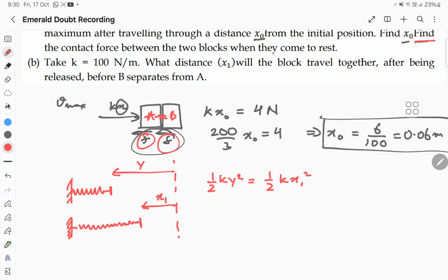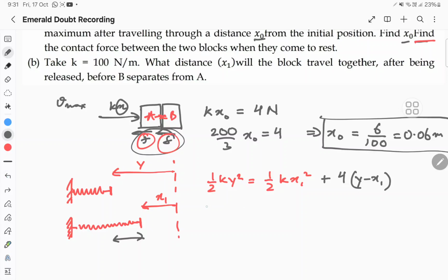Friction was acting all along this length, and this length would be y minus x1, and the friction acting was 4 newtons. So 4 into y minus x1. There is no loss of potential, no loss of kinetic, because the start and end are 0. Loss of spring energy is equal to the work done by friction.